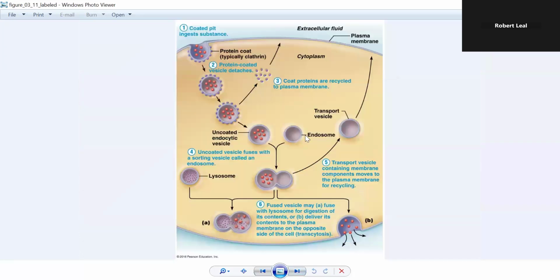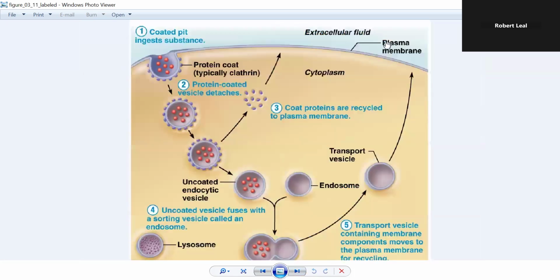All right, what are we looking at here? Well, anytime a cell takes contents within it, in general, it's called endocytosis. Endo means within, cyto is referring to the cell. So endocytosis, the cell's bringing contents within it.